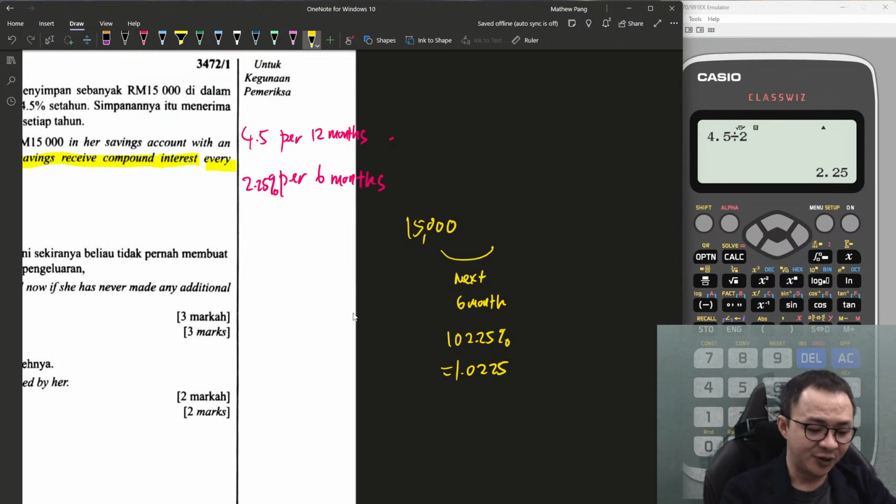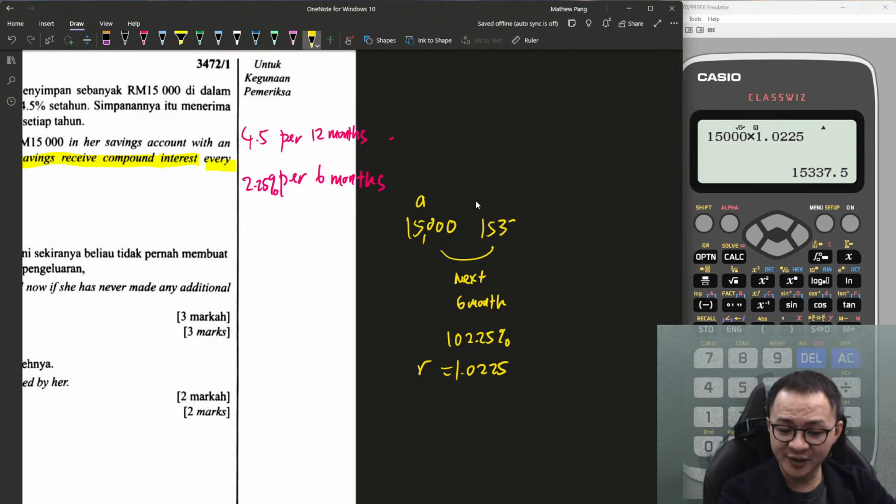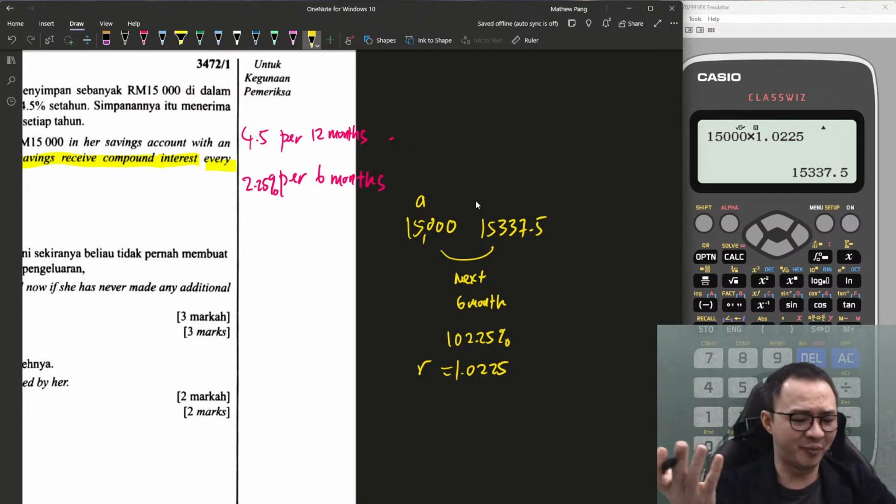This one is my R value. This is my A value. So if I do 15,000 times 1.0225, I know in the next 6 months I will have the interest of about 337 ringgit 50 cents.